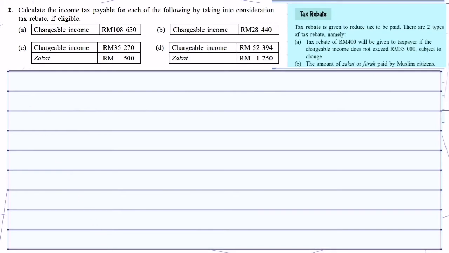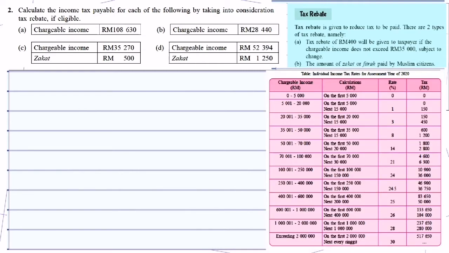Without wasting time, let us count the income tax payable for each of the following. To calculate the income tax, we need to refer to the table. This table is individual income tax rate for assessment year of 2020.